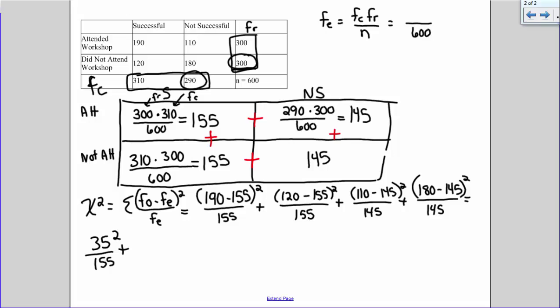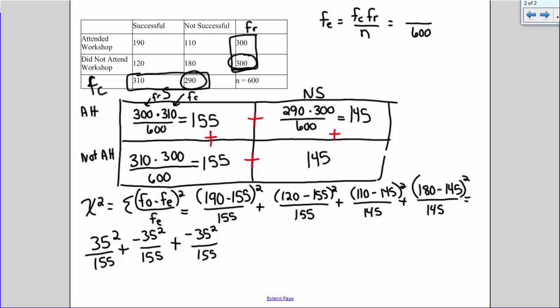120 minus 155 gives you negative 35 squared. 110 minus 145 gives you, oh wow, this is going to work out nicely, negative 35 squared divided by 155, right?